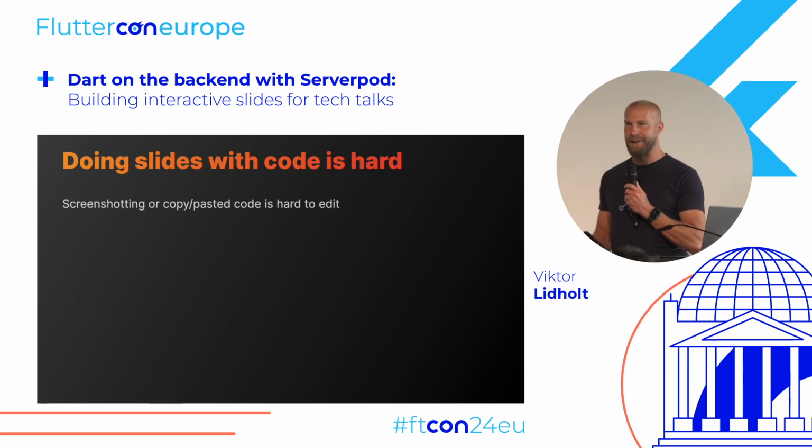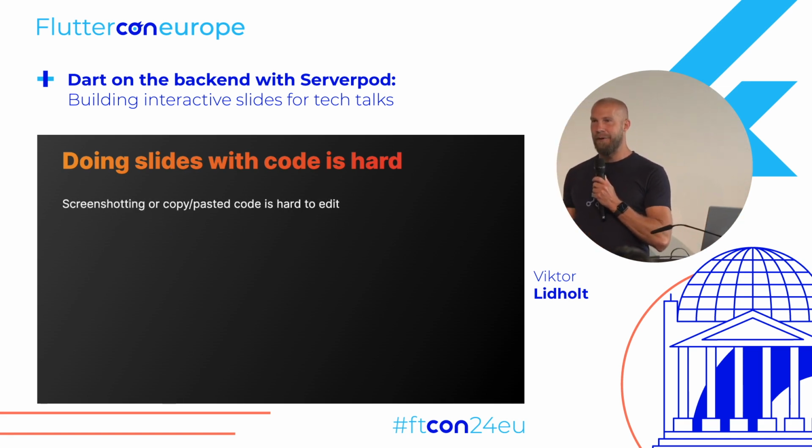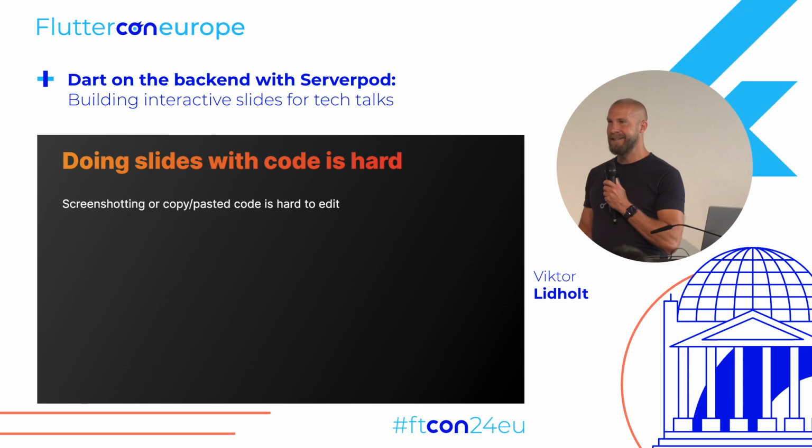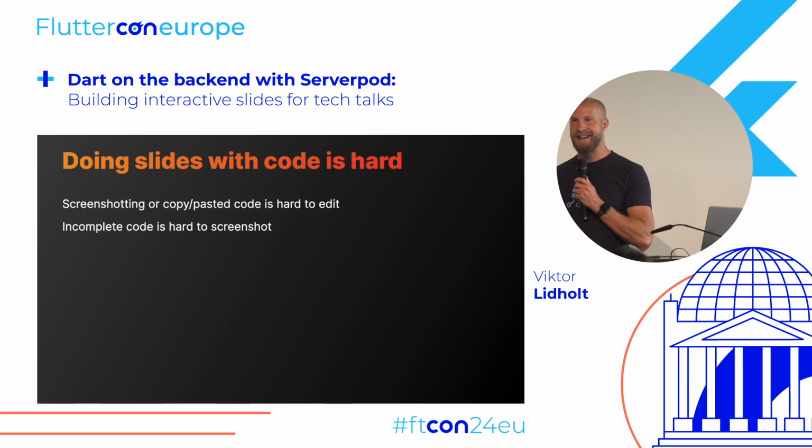Doing slides with code is tricky because typically you want to copy your code from VS Code or your code editor, or you take screenshots. But then you want to edit the code afterwards, and then you need to go back and take a new screenshot. And most of the time, when you take screenshots from VS Code, it's pretty hard to get the sizes right on the slides.